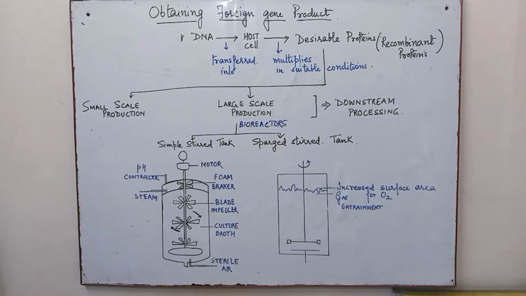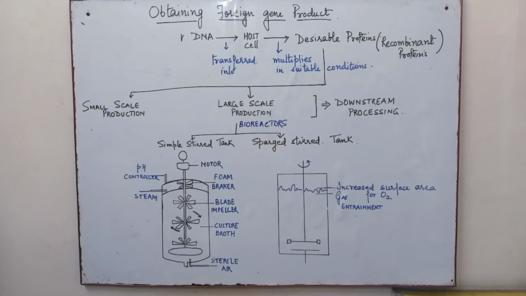So we can define the recombinant protein as the proteins which are being produced by the expression of recombinant DNA in a heterologous host. This is very important because the host is where it multiplies, and it is different from the original DNA, the fragment from which organism we have obtained. So it is completely different.